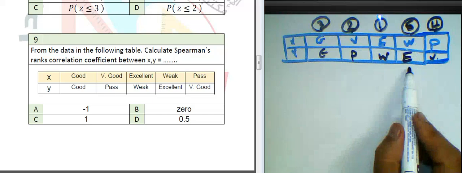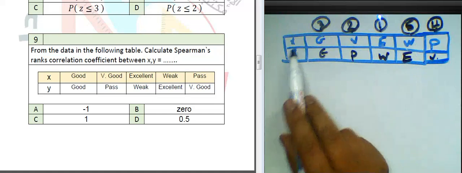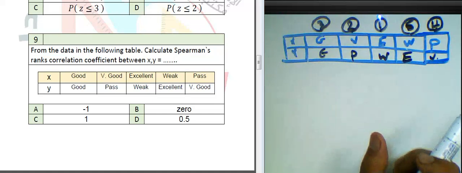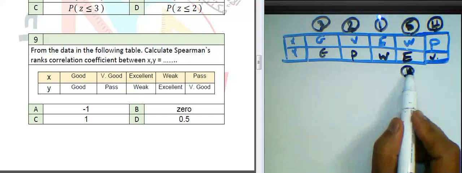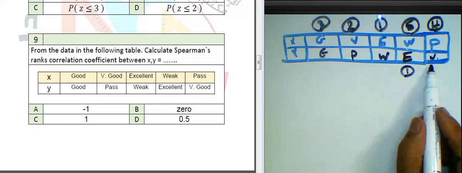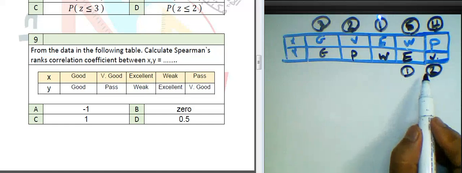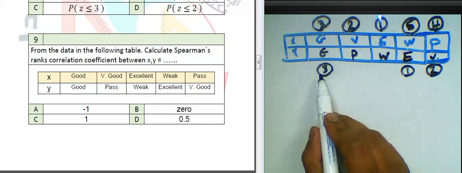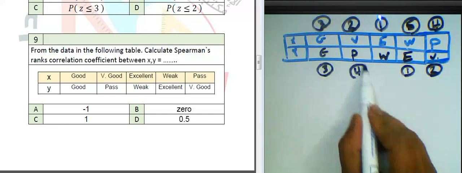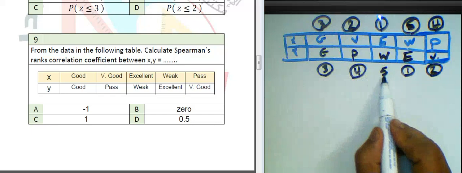And for x, I will arrange it descending from greatest to smallest. Greatest one here, excellent and very good, and good and bad, and last one weak.